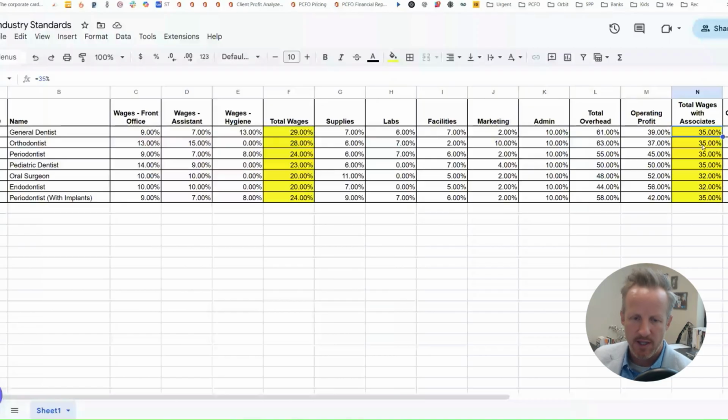As an example, let's say you're doing $1 million and your profit margin is 40%. That's $400,000. Let's say now you're doing $2 million because you have an associate and your profit margin is 30%. So your profit margin is a lot less because you have this associate, you're paying them more, it makes your labor costs go up, and so your profit is less as a percent.